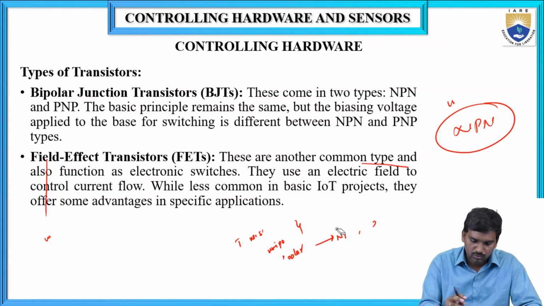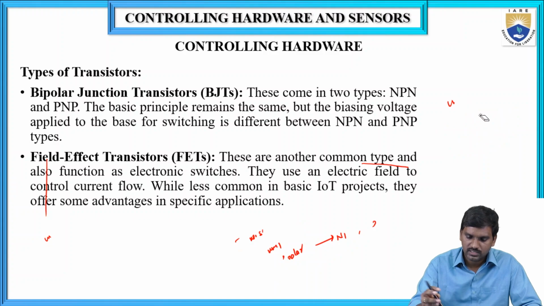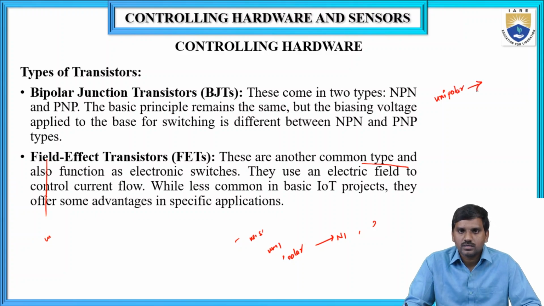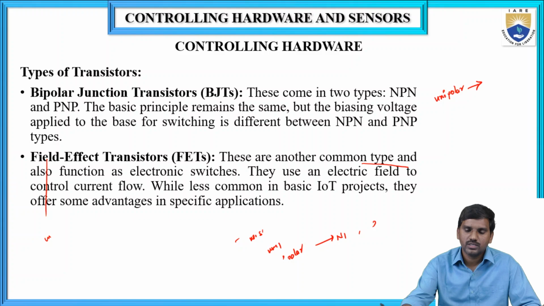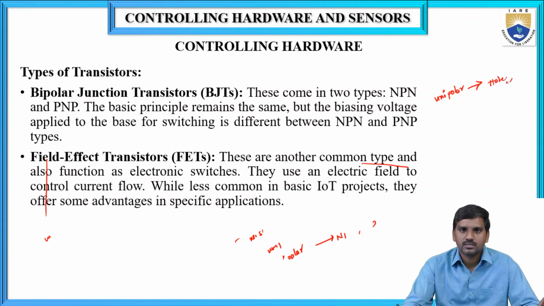What is the difference between unipolar and bipolar junction transistor? In a unipolar transistor, the current flow is based on either holes or electrons. But in bipolar, the current flow is based on both electrons and holes.